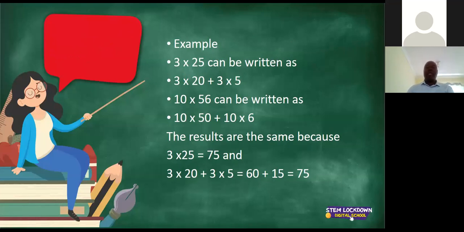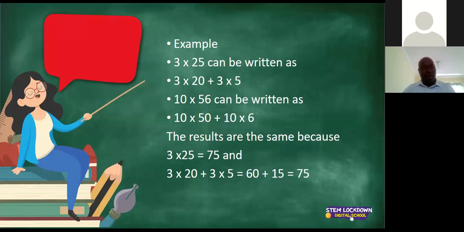In other words, as you can see in the screen, you can write 25 as 20 plus 5 when you look at your tens and units. So 25 is composed of 20 plus 5. So in other words, instead of multiplying 3 by 25, you can multiply 3 by 20 plus 5.